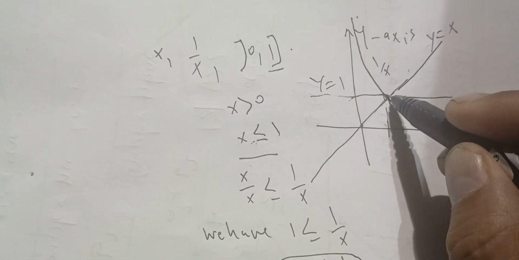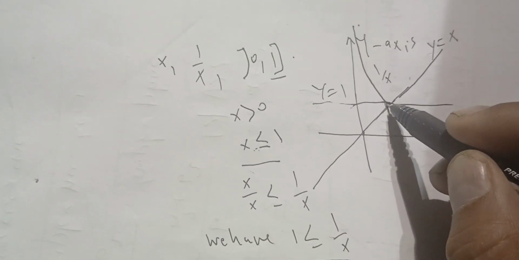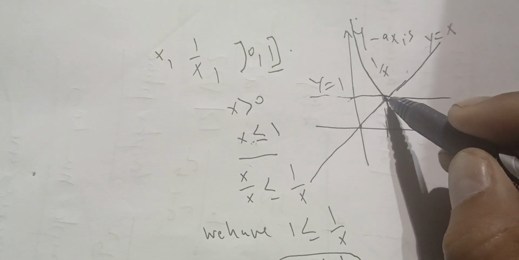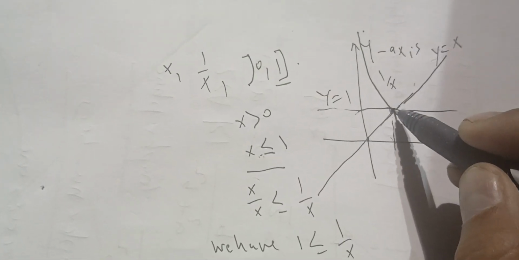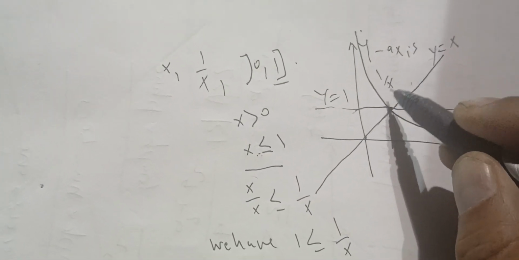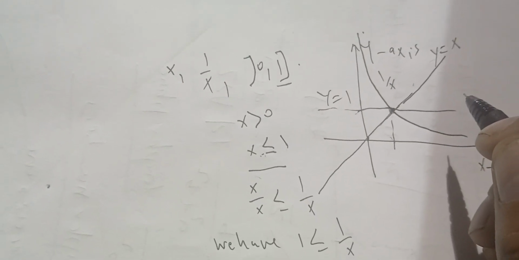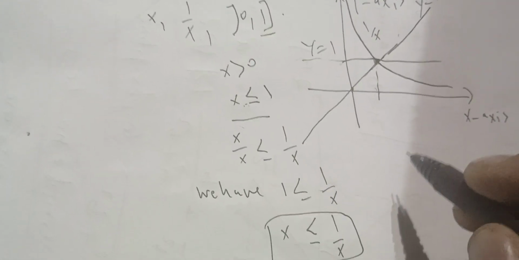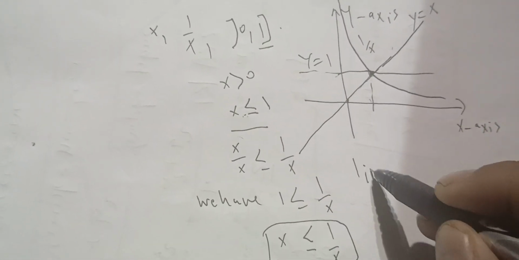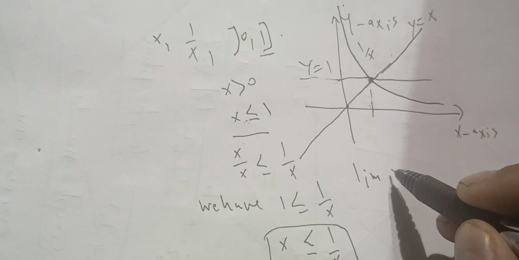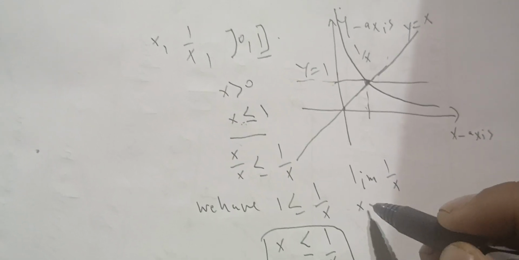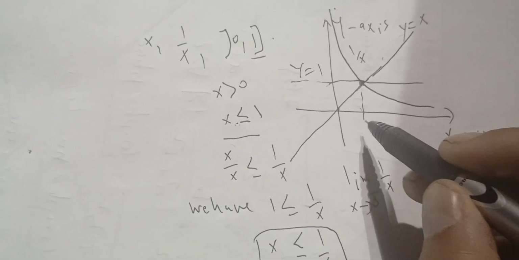The only point of intersection is when x is 1. In this case, 1 over x and x are both equal. We can see from here another thing: the limit of 1 over x as x goes to 0 from the right.